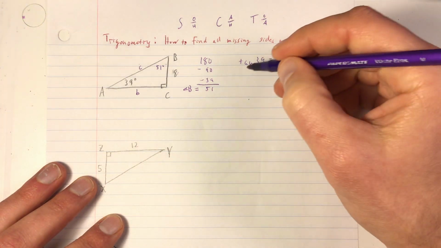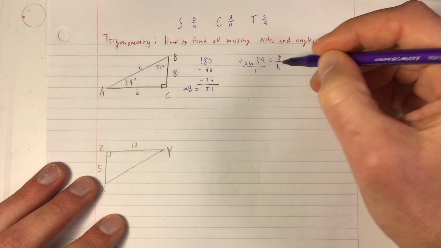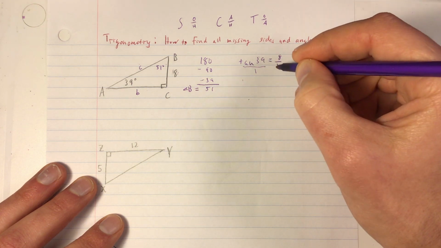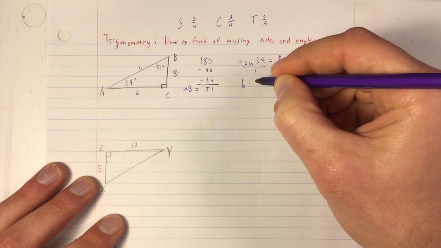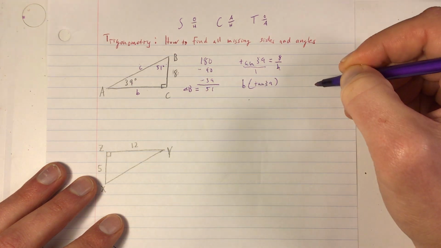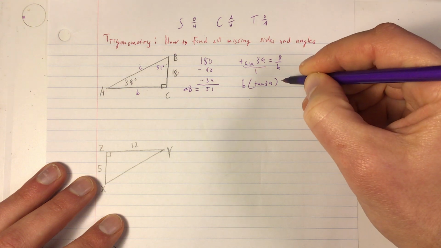And now what do? Well, I just got to cross multiply. So that's going to be 8 times 1 is 8. b times the tangent of 39. Now I can go ahead and get this as a decimal if I want to. That's perfectly fine.